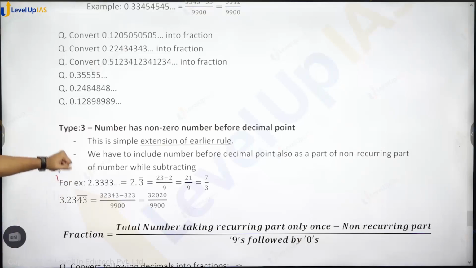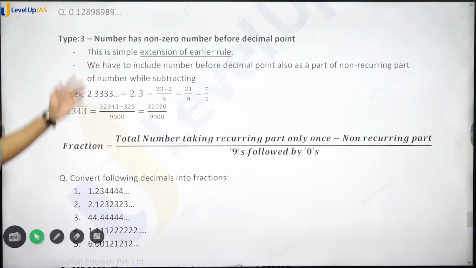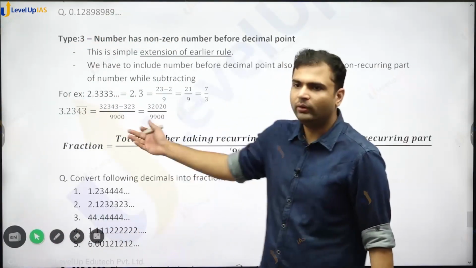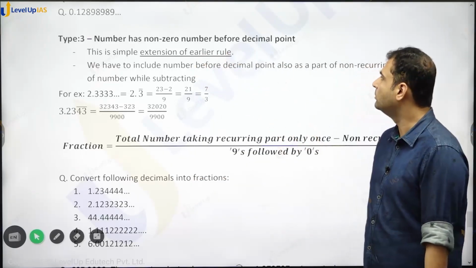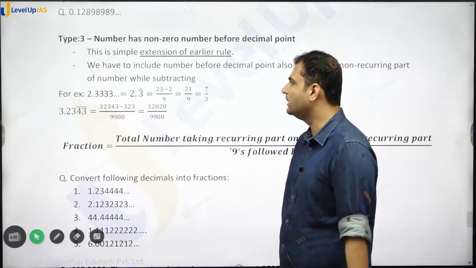Let us look at our last case, then I'll take a recap of everything. What we have here now, we had 0 point something, now we have an integral part as well. So the number has a non-zero number before the decimal point, so the integral part is non-zero, a simple extension of the earlier rule.